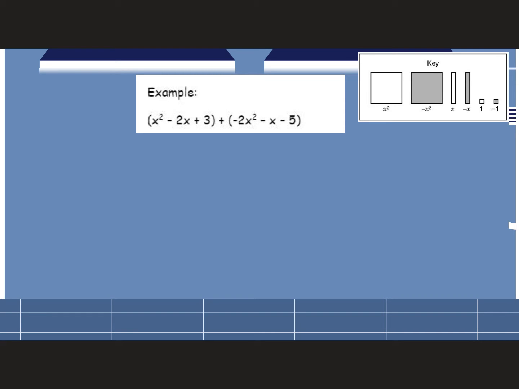Again, you will also see these in colors as well. So sometimes our x squared tiles are blue with a red side being negative. Our x tiles are green with a red side being negative. And our smaller square tiles are yellow with a red side being negative. All right. So for this, since we are used to seeing that, I'm going to use my color tiles.